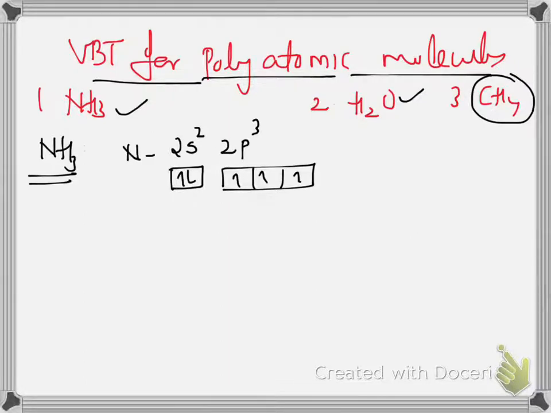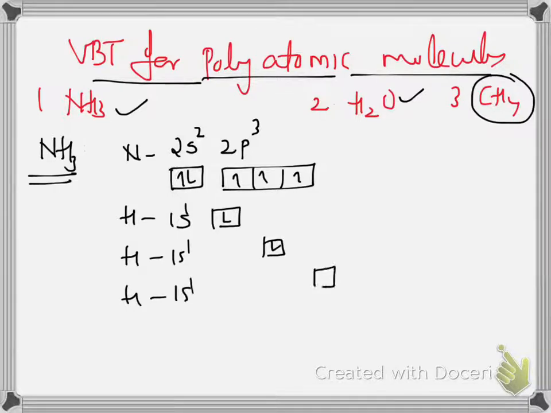For bonding, nitrogen needs 3 hydrogen atoms. First hydrogen, configuration 1s1. Second hydrogen also 1s1. Third hydrogen also 1s1.